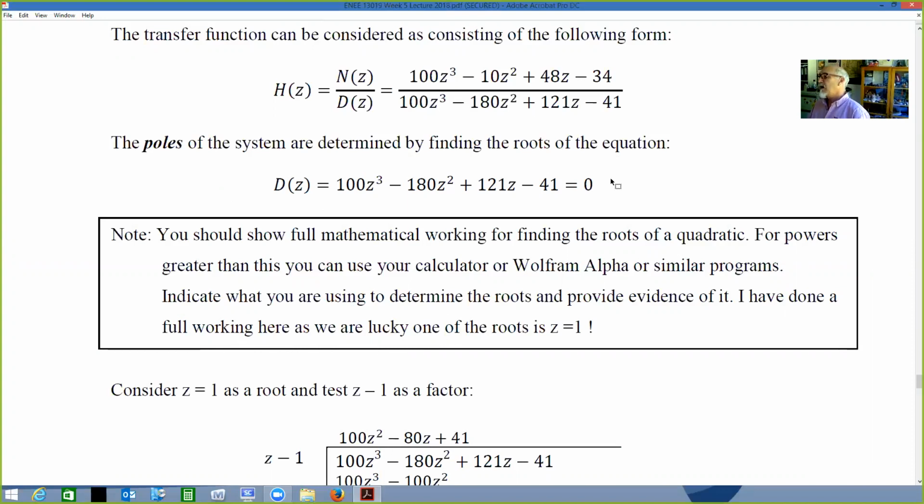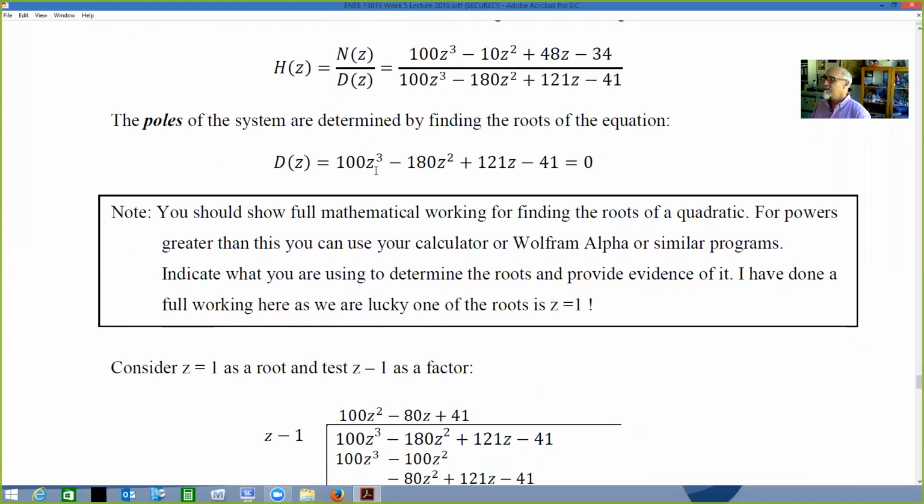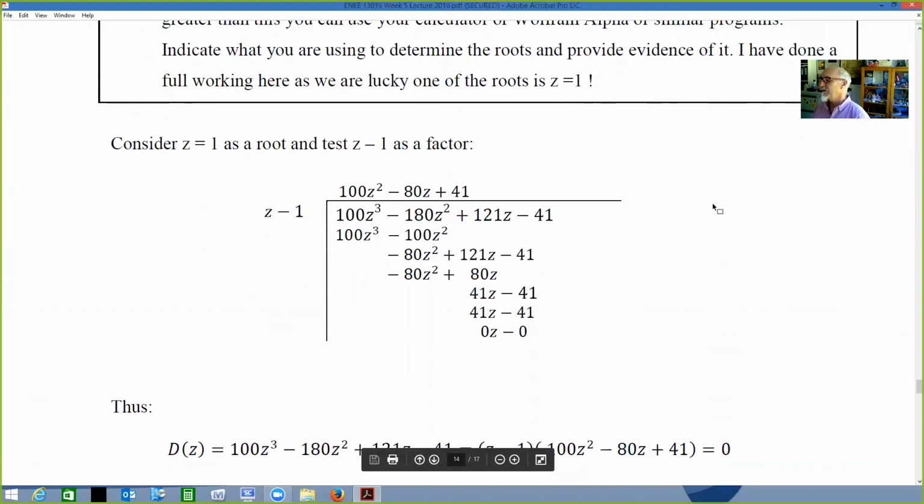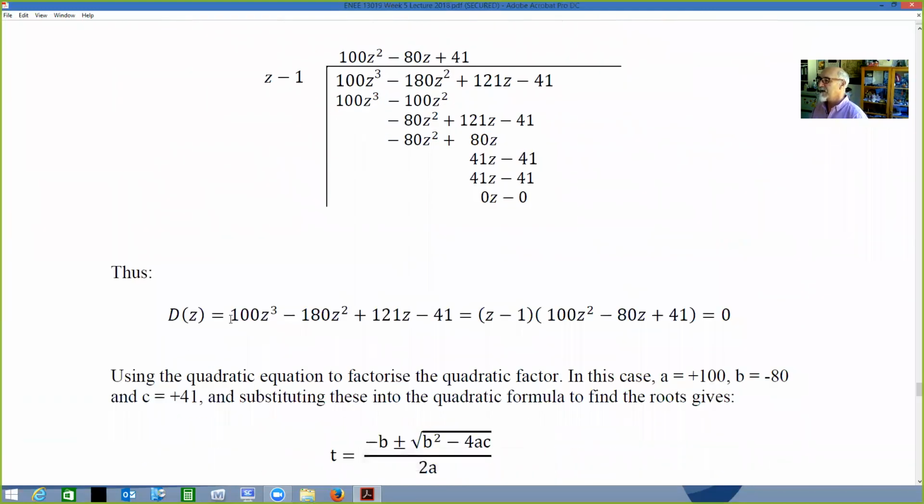So when you go to find the roots of a cubic equation, you can test. If I test z equals 1, we're lucky in this case because the first time we tested, it is a factor, so z minus 1 is a factor, z equals 1 is a root. So I can do polynomial division, divide through, and as you can see, I've taken my cubic equation and had it as a first order factor, z minus 1, multiplied by this particular quadratic.